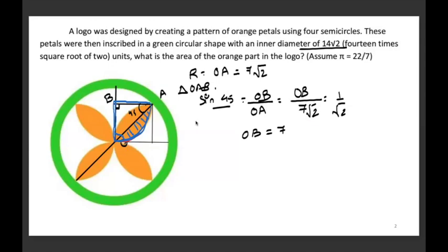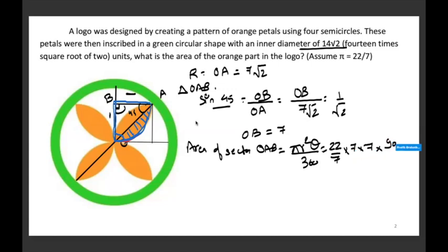So what we'll now find is the area of the sector. Area of sector OAB will be equal to pi r square theta upon 360. In that sector, the value of theta is 90 degrees. Pi we know is 22 by 7. Radius we know, OB or AB, either of them, which is 7.